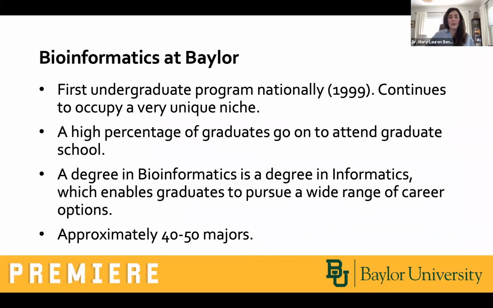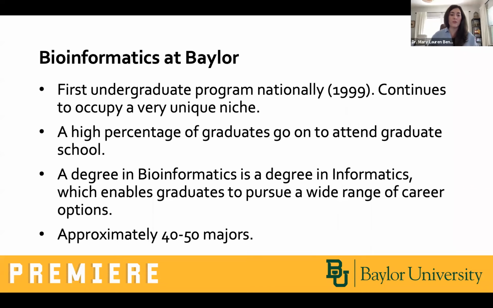And so bioinformatics at Baylor is actually a really unique program. This was the first undergraduate program in 1999 and continues to be really unique in that as an undergraduate, you get to have this really diverse training in a large number of fields. And so this really interdisciplinary informatics major is rather unique. A lot of our graduates go on to attend graduate school or professional school like medical schools.